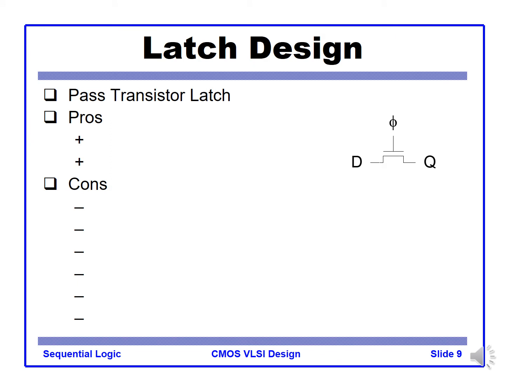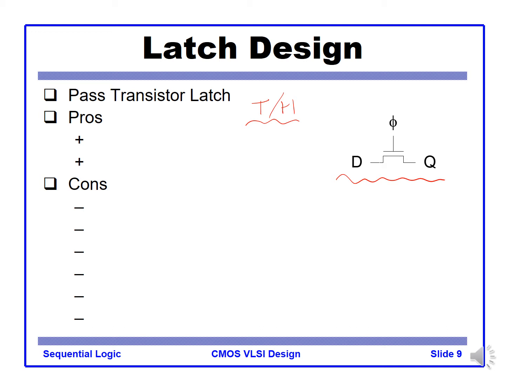Let's design the simple latch. So we know that the basic latch has a transparent mode and hold mode. How do we make it? A simple one pass transistor here, a MOS here. So is this enough for latch operation? At first look, it may work as we intended.